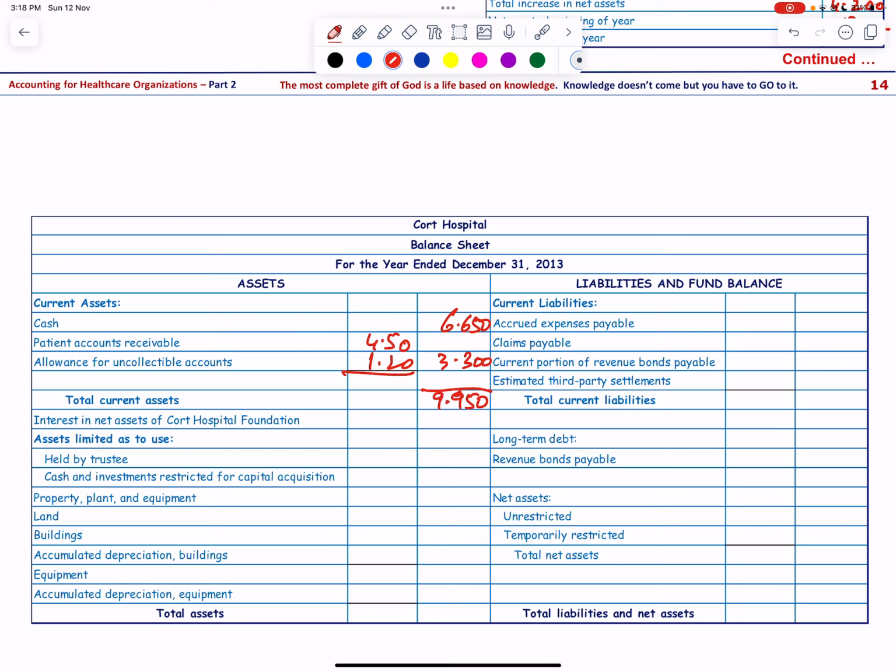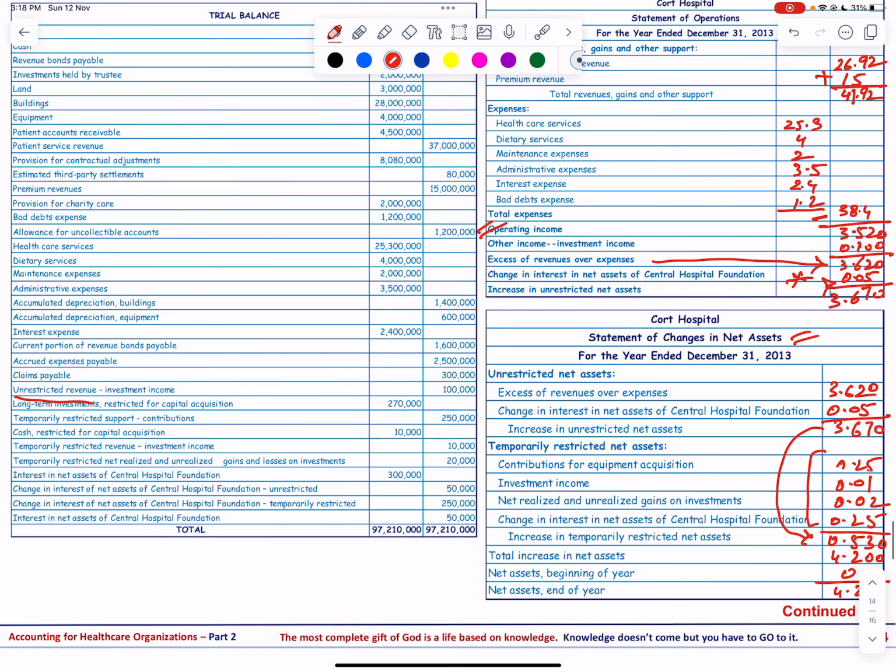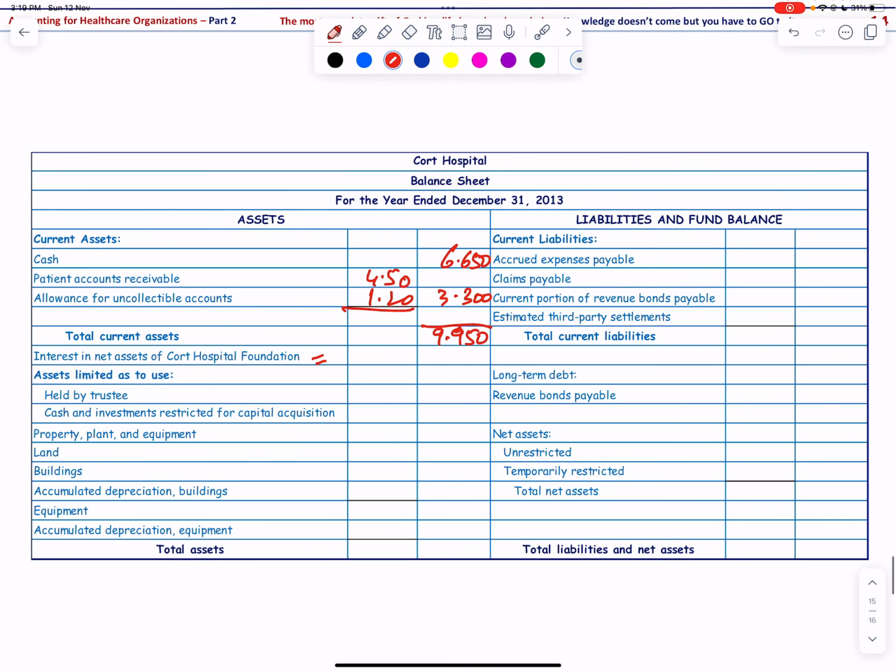Then we are going to have the interest in net assets of Court Hospital Foundation, and you can see that we have a total of interest of 300,000, and from this we are going to subtract the 50,000, that makes 250,000, it makes 0.250.